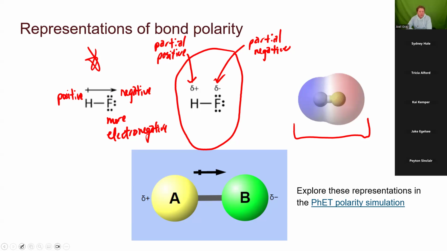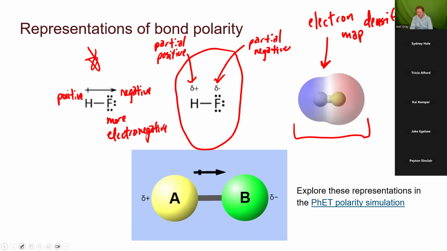Is that reddish pigment where it's more negative or more positive? Is my question. Sorry, my phrasing was a bit funky there. I apologize. Exactly, it's more negative. So when you look at this, this is what is known as an electron density map.